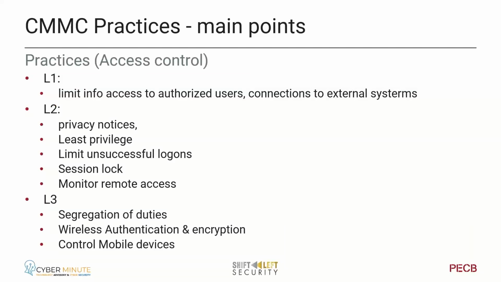So it's like that pyramid that Peter has shown. For every domain, you have best practices, which are very difficult. Let me explain why. A typical standard tells you what you need to do, but doesn't tell you how to do that for your specific environment. For example, level 1: limit information access to authorized users and connections to external systems.